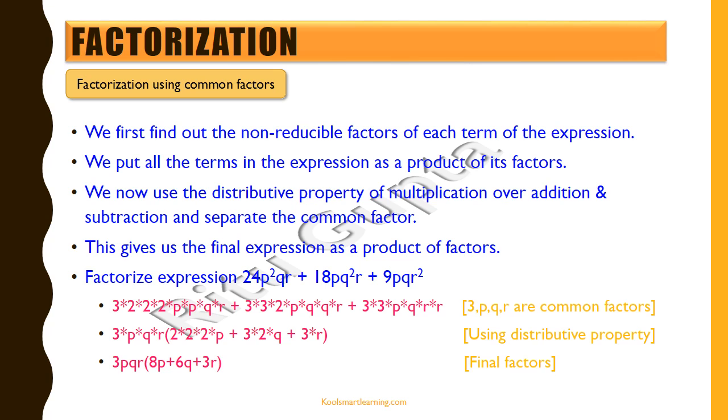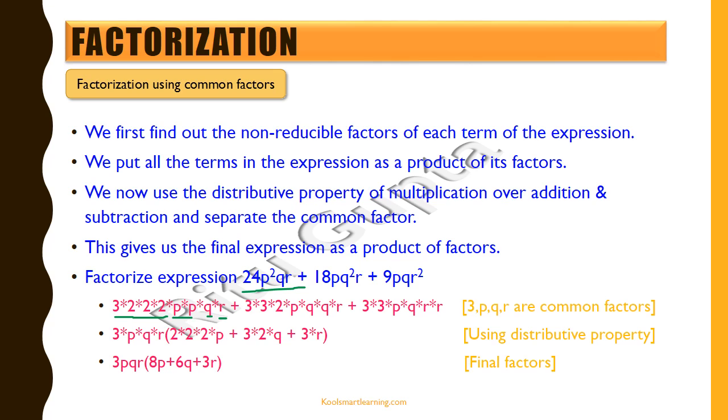We'll first take the first term, 24p square qr, and write it as a product of its factors. 24 has factors 3 multiplied by 2 multiplied by 2 multiplied by 2, then p square can be written as p multiplied by p, and then we write q and r. That's how we write the first term as a product of its factors.